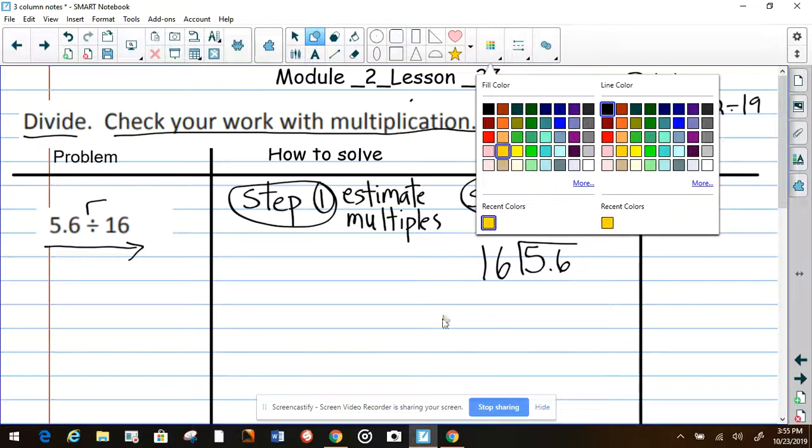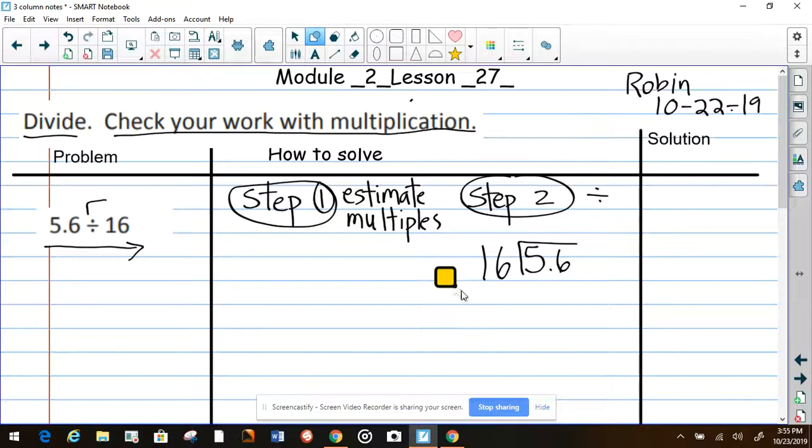What I tell my students is to look at this number, and if you can cover the decimal and say, okay, can I create a group of 16 out of 5? The answer is going to be no. So you know that the answer is always going to be less than 1. Okay, so that was just a little side note that I wanted to make you aware of.